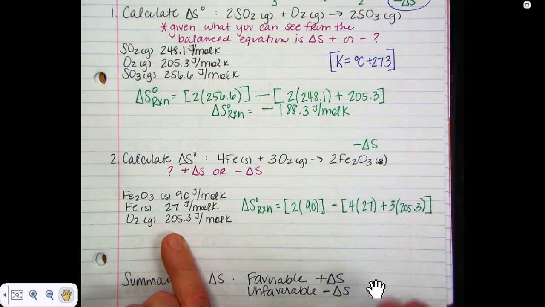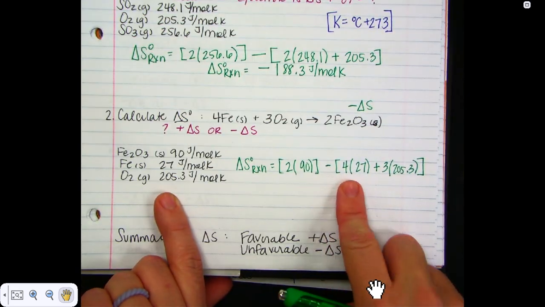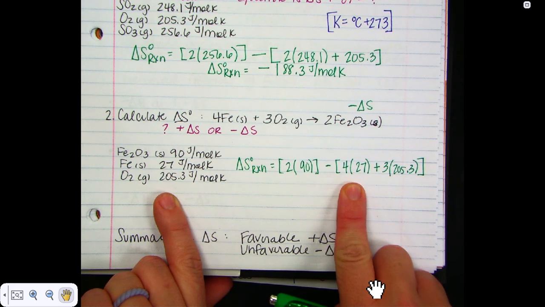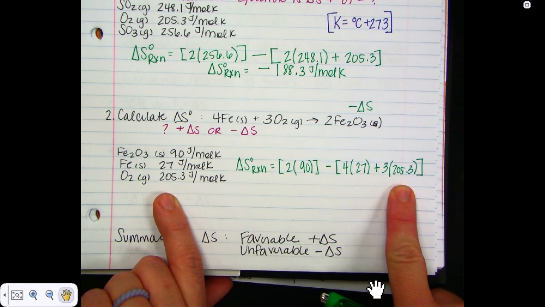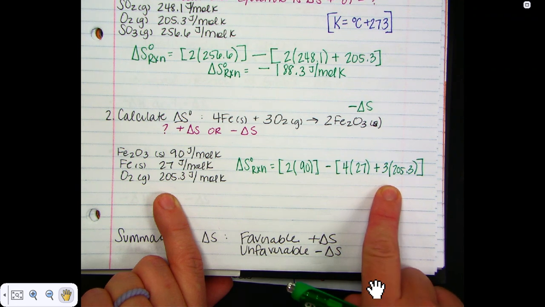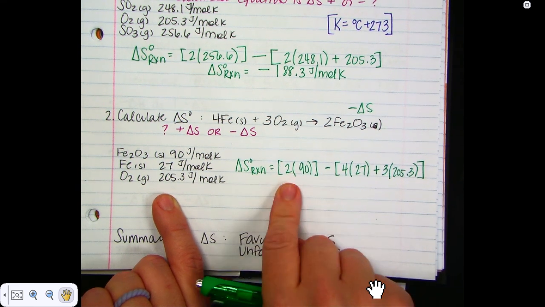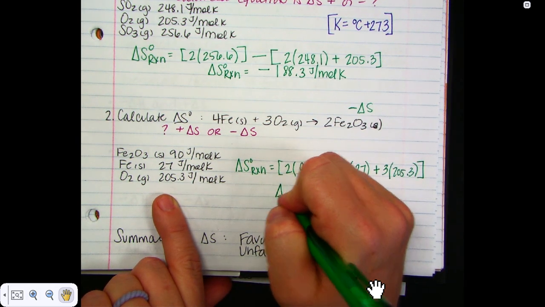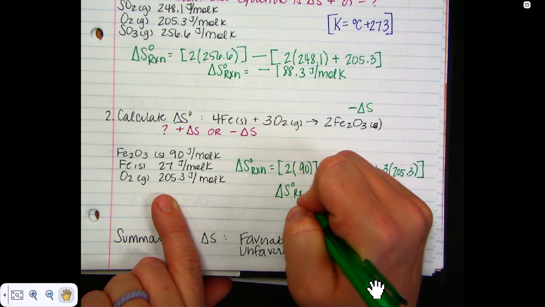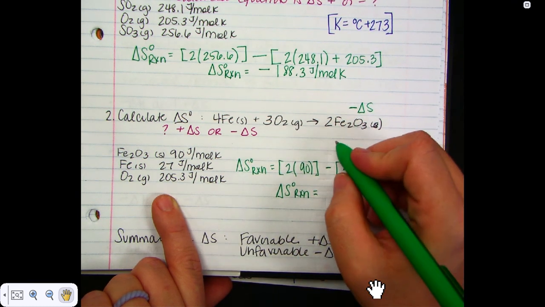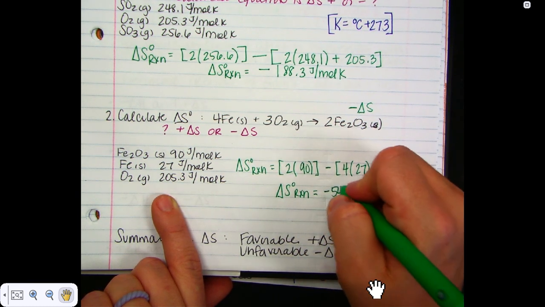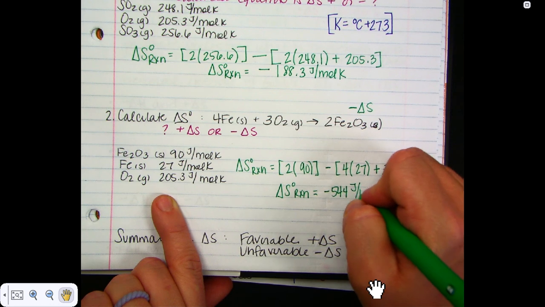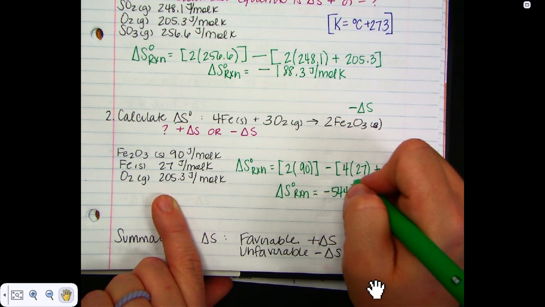All right. So mathematically, I'm going to multiply my 4 and my 27. I'm going to multiply my 3 and my 205.3, add that together, and I'm going to subtract that from the 2 times 90 that I get here. And so that's going to give me delta S of my reaction equal to negative 544 joules per mole Kelvin.